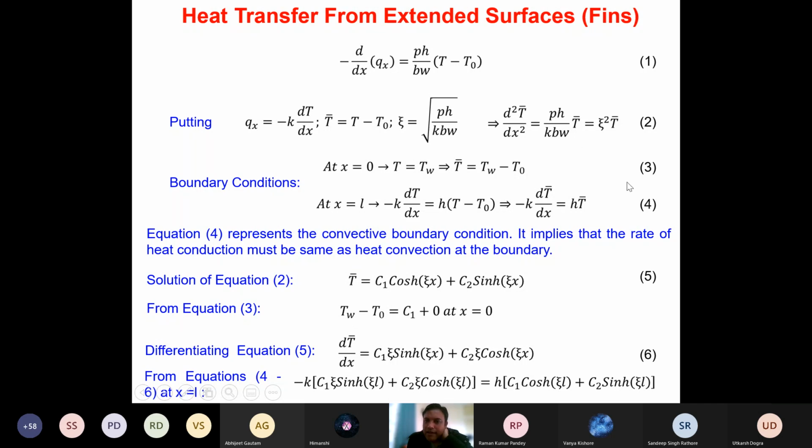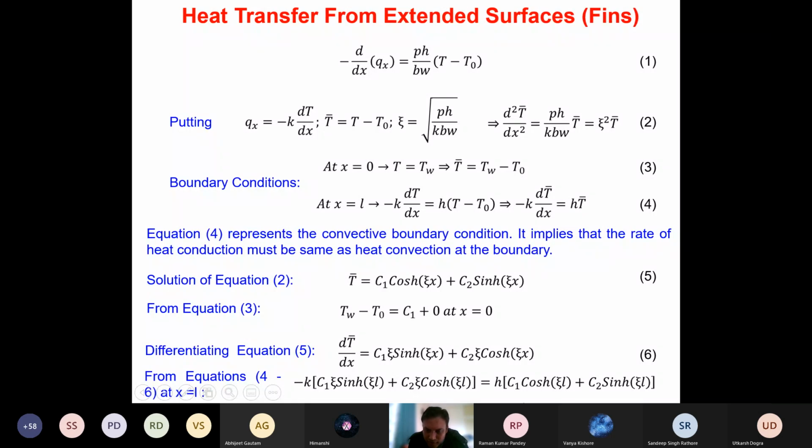And then again, let's apply the second boundary condition. For the second boundary condition, we have to differentiate this equation first with respect to x. After differentiating, what we get is C1 zeta sine hyperbolic zeta x plus C2 zeta cos hyperbolic zeta x, and then we are multiplying minus k here, and this minus k dT by dx should be equal to h multiplied by this T bar.